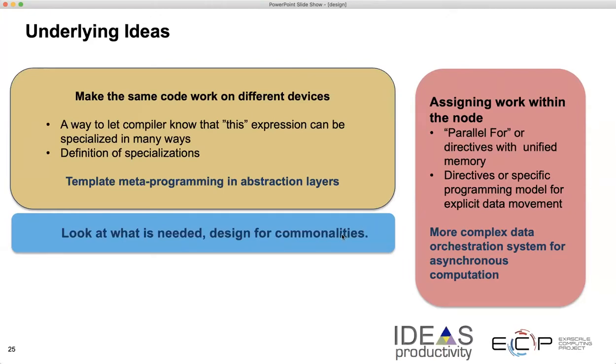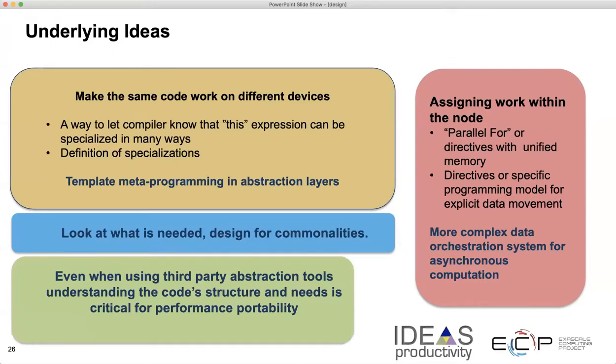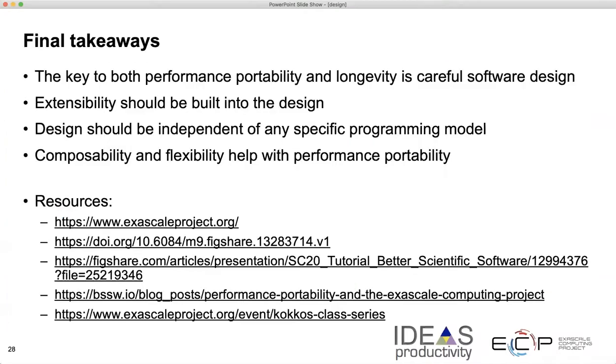And so you look at what is needed and you design for commonalities. This is important even when you're using third-party abstraction tools, because understanding the code structure and needs is critical for performance portability. And that really does translate into investing in design.